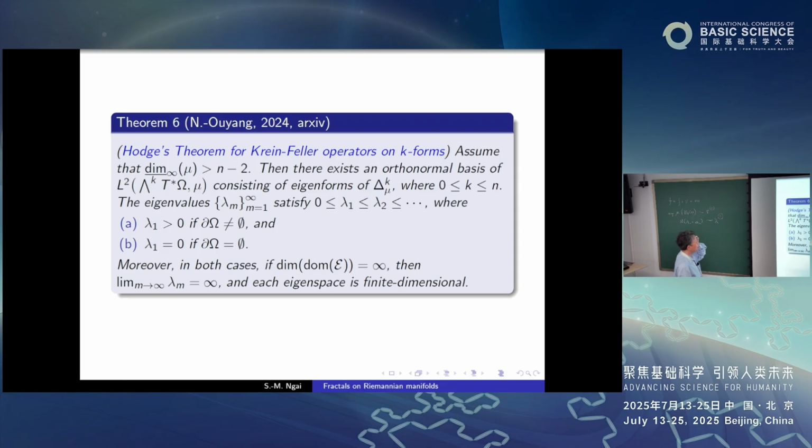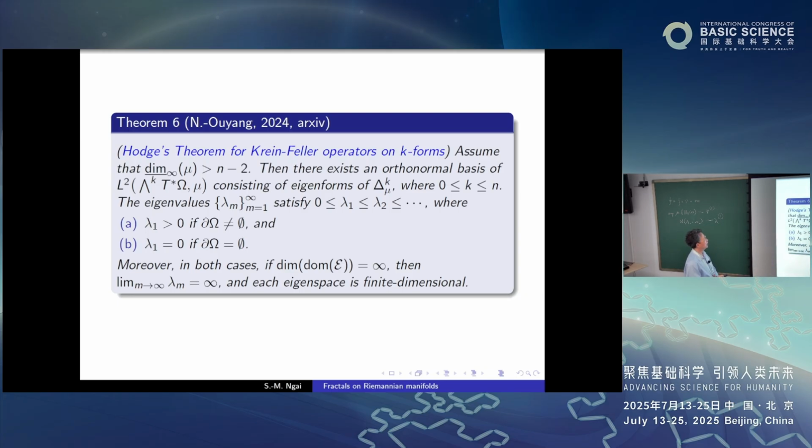So the main result here is, again, suppose the infinite dimension of mu is greater than n minus 2, then there exists an orthonormal basis of L2 consisting of eigenforms, and the eigenvalues tend to infinity.